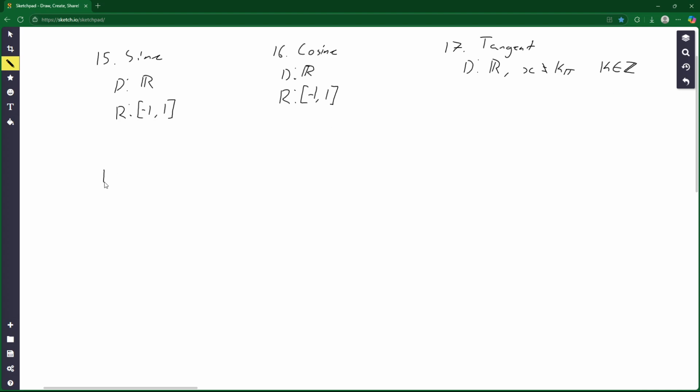Let's go ahead and go on to 18, which is arcsine. This one is a little bit more different. Domain for arcsine, if you have your calculator with you, inverse sine of x.